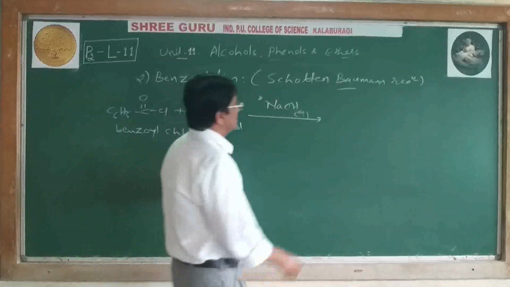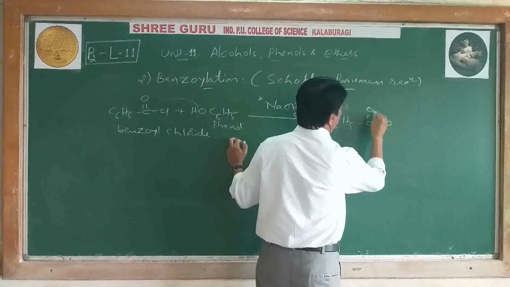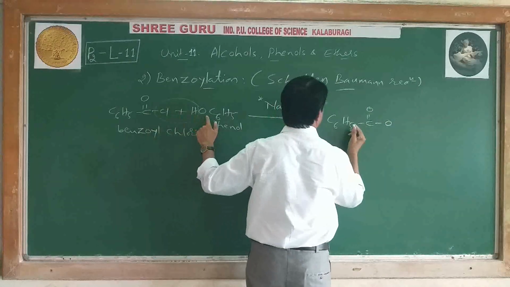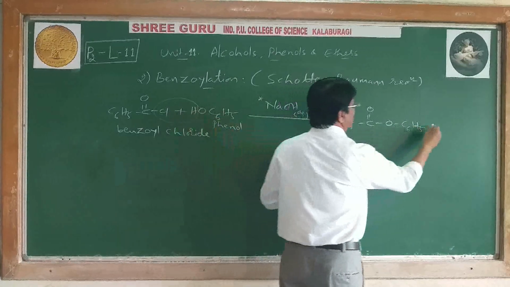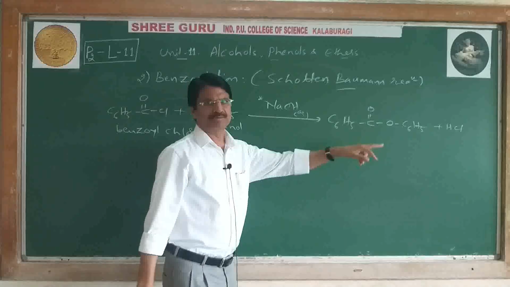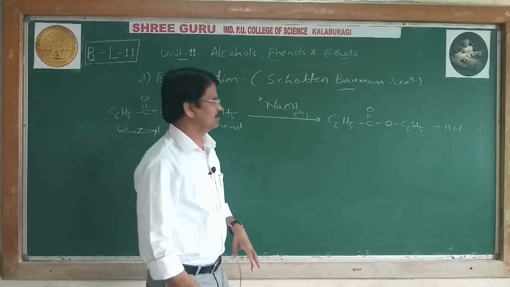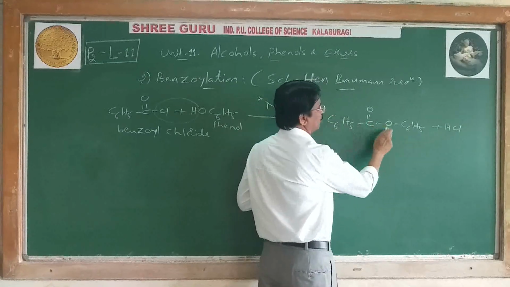Then the product is C6H5COOC6H5 plus HCl, and that HCl formed is neutralized by what? Alkali. Now what is this? An ester, RCOOR.